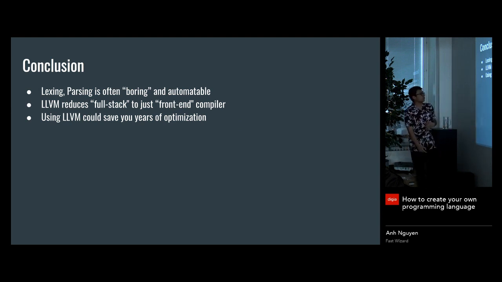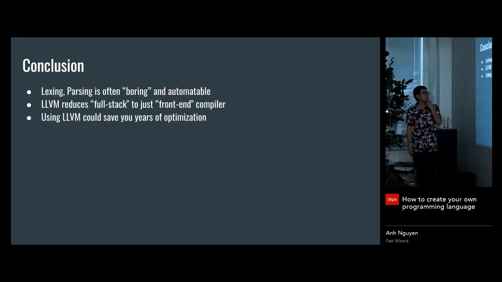Then LLVM is a really nice intermediate representation at the moment because it's widely used, and if you want to create a compiler in a very short amount of time, then I would advise you to use LLVM. Actually, you can use some other intermediate representation like Java bytecode or the .NET intermediate representation as well.